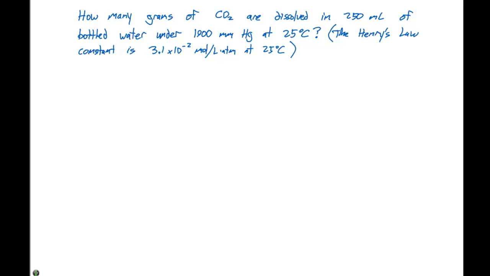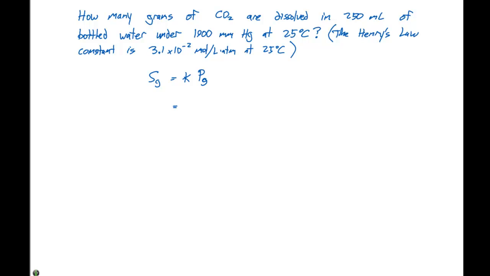In this video, we're asked how many grams of CO2 are dissolved in 250 milliliters of bottled water under 1900 millimeters of mercury at 25 degrees Celsius. So here, if we want to carbonate this water, we have a direct application of Henry's law, which says that the solubility of our gas is going to equal K, which is the Henry's law constant, times the pressure of the gas.